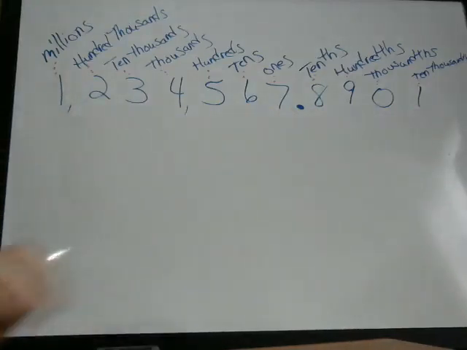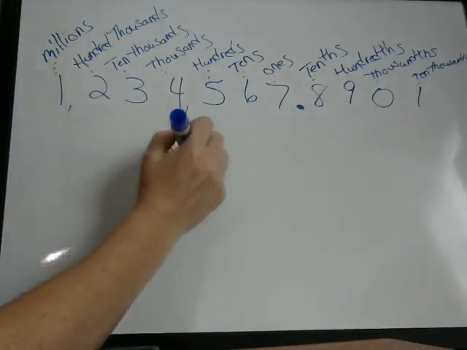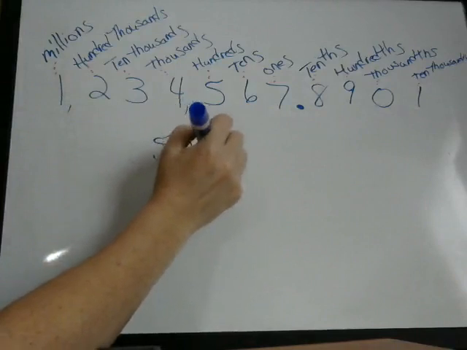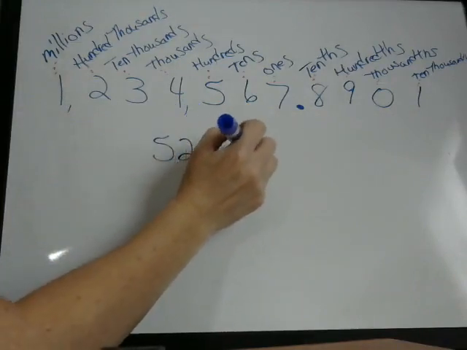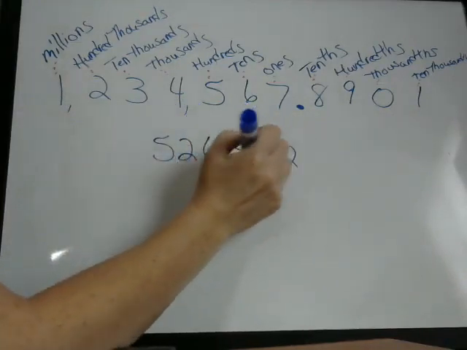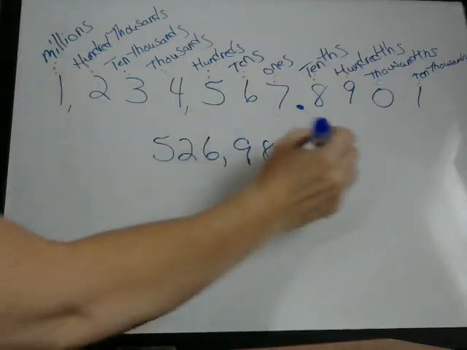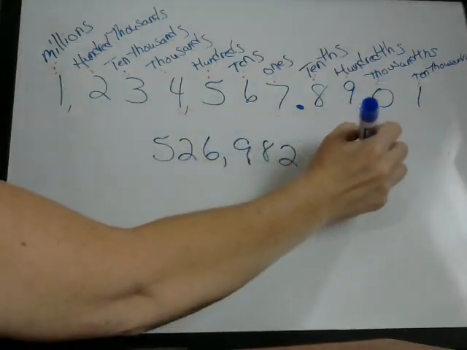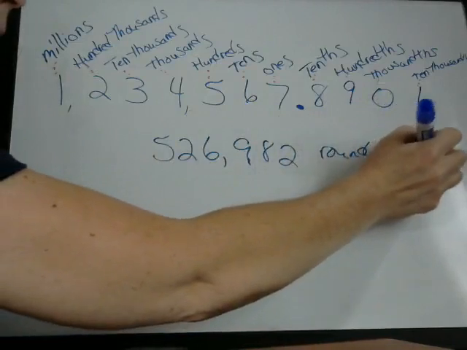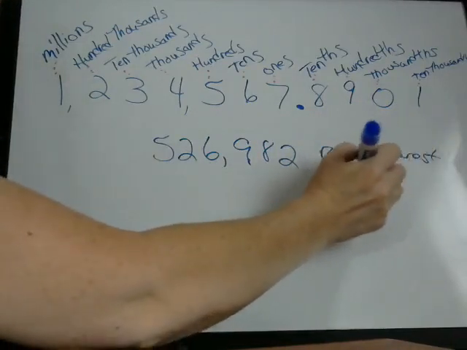If we had 526,982, and we said round to the nearest 1,000.